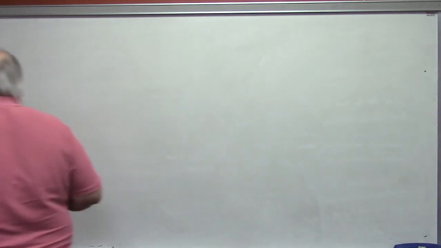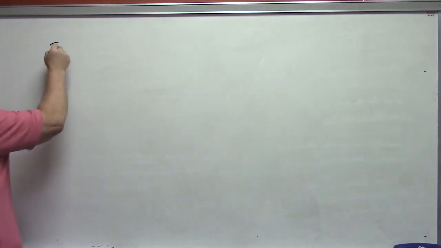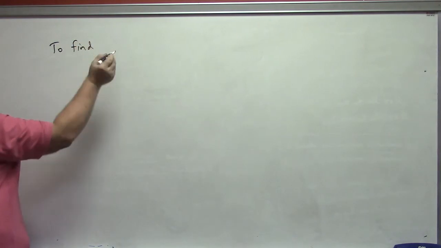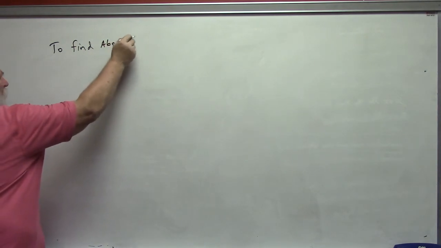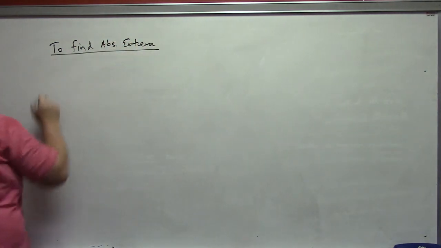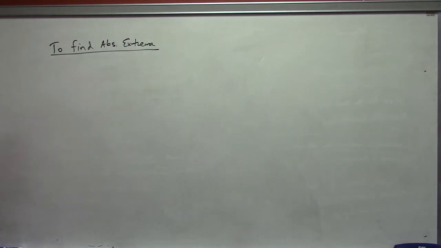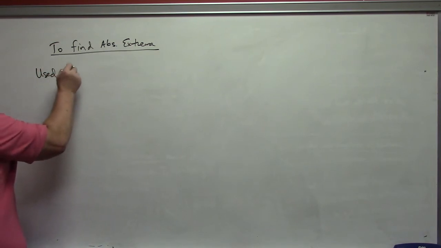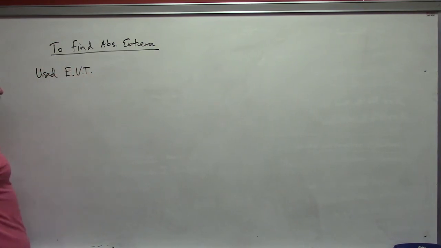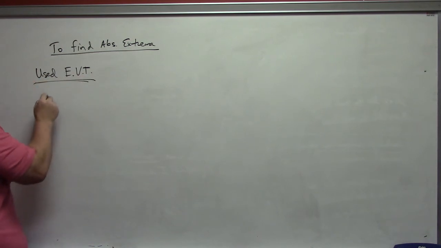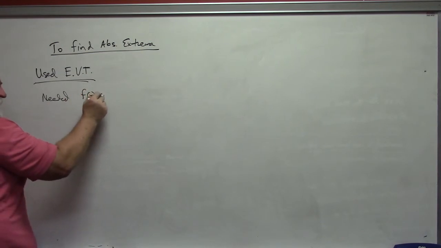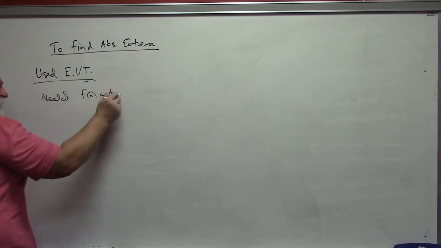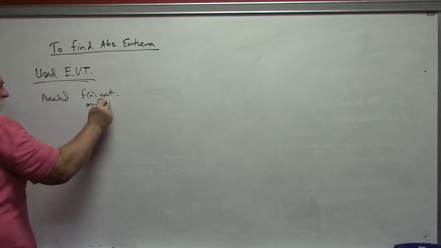So remember, we have looked at this over the last few videos to find absolute extrema, absolute max and min. We used EVT, the extreme value theorem. And for that, I needed a continuous function, f of x continuous on the closed interval [a, b].